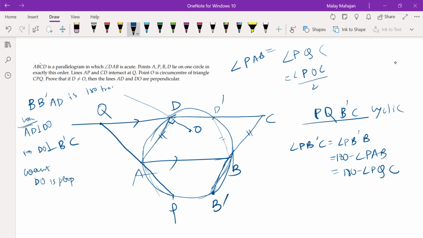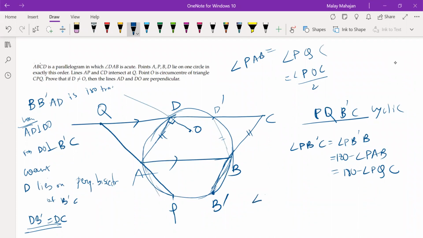So we want DO to be the perpendicular bisector; O is already there. So we want D to lie on the perpendicular bisector of B dash C, that is DB dash equals DC.